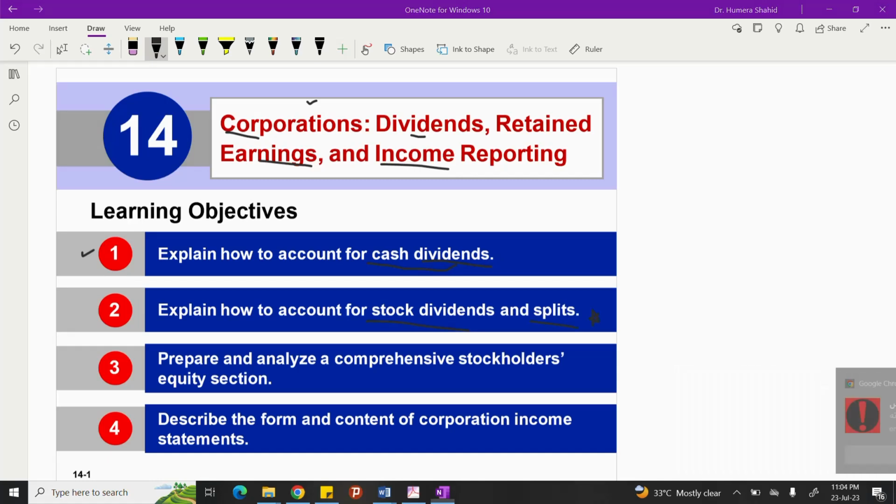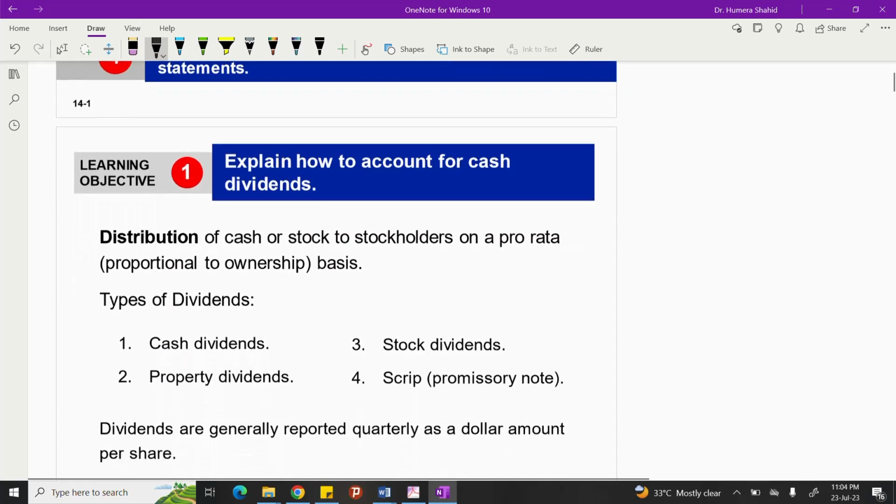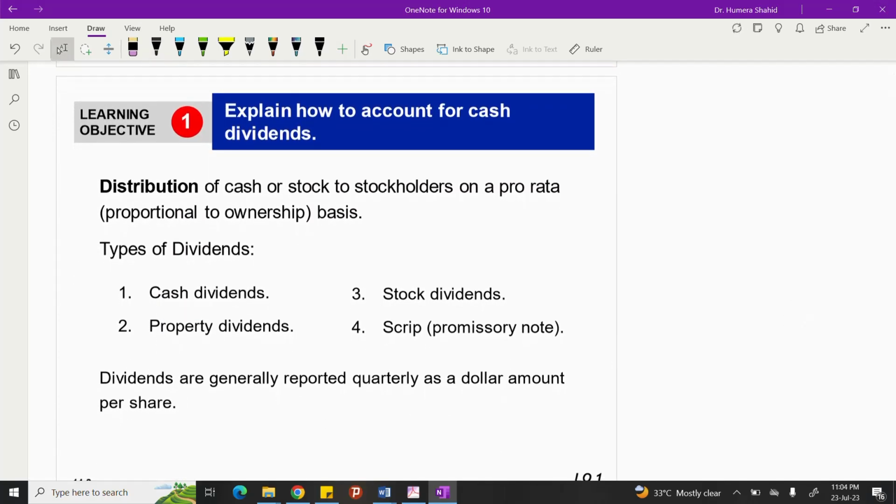We'll be talking about that as well. I will end this recording after the first two learning objectives. Learning objective number 3 and learning objective number 4 are going to be covered in the second recording of chapter number 14. Let's start our discussion with the first learning objective, which says how to account for the cash dividend.